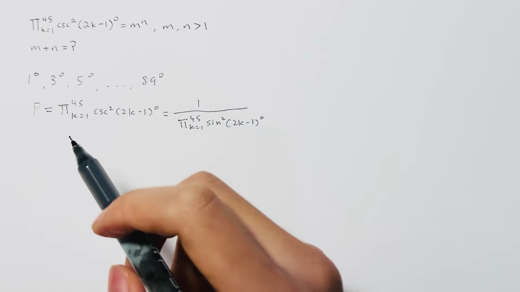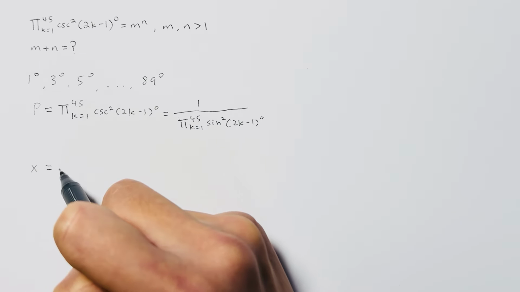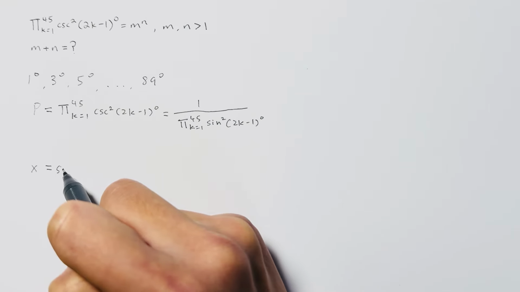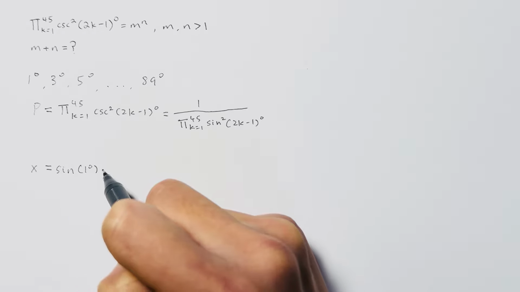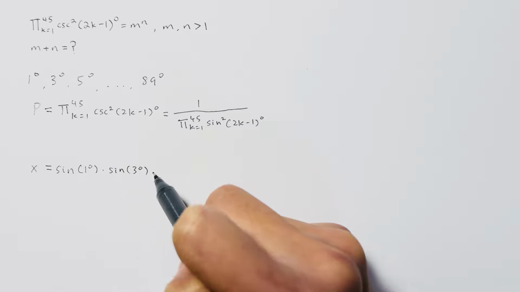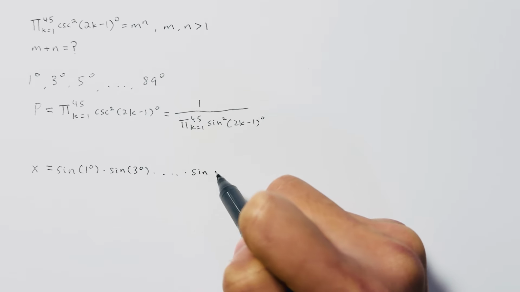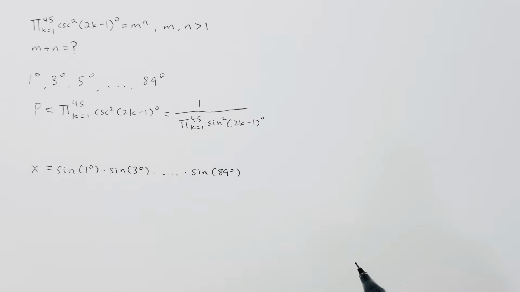So we'll have x equals this portion, or you can expand it to get sine 1 degree times sine of 3 degrees times all the way to sine of 89 degrees. And then, if you find x, our answer is going to be 1 over x squared.